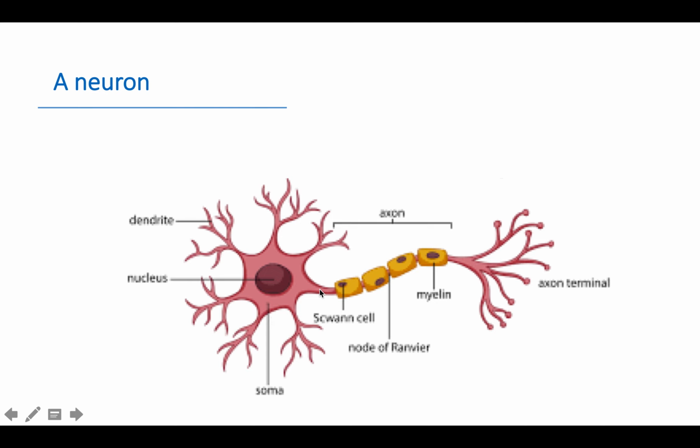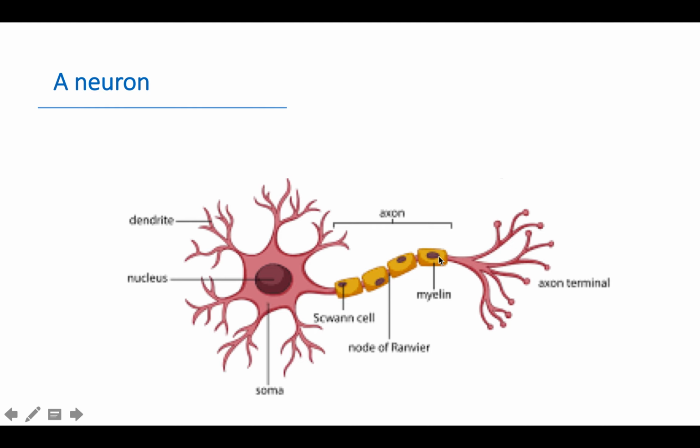Now, a long branch that arises from this neuron or nerve cell is called the axon. This axon is covered by the neurolemma having Schwann cells, and between two Schwann cells, where the axon does not have any covering, this is called the node of Ranvier.